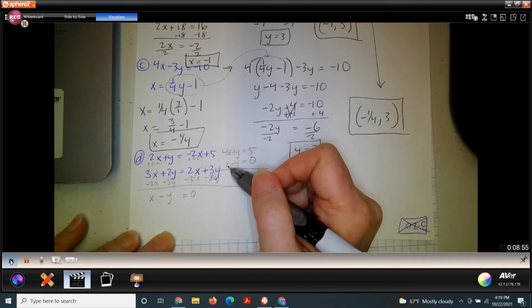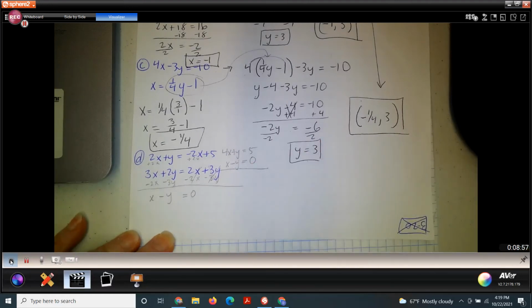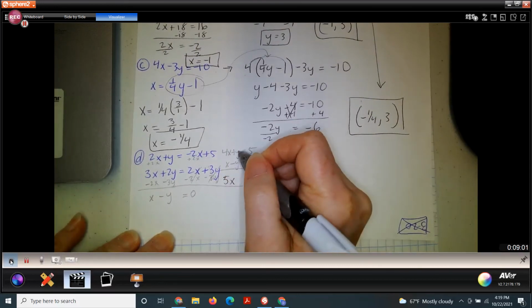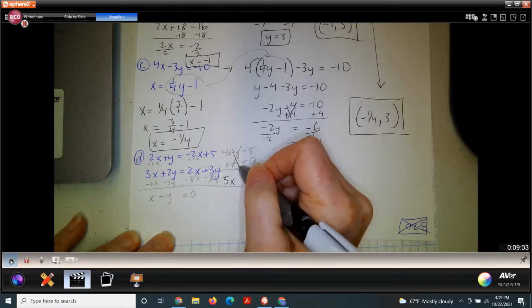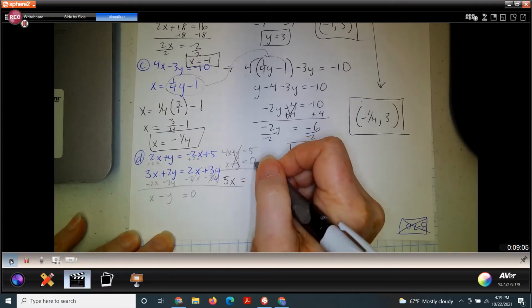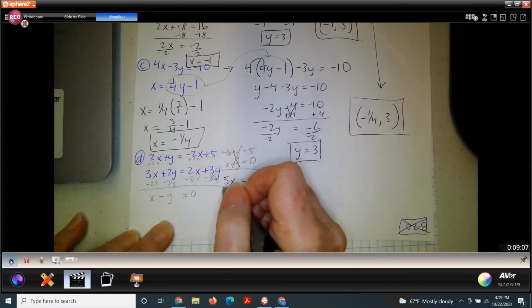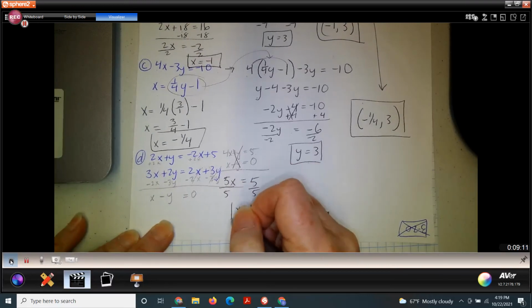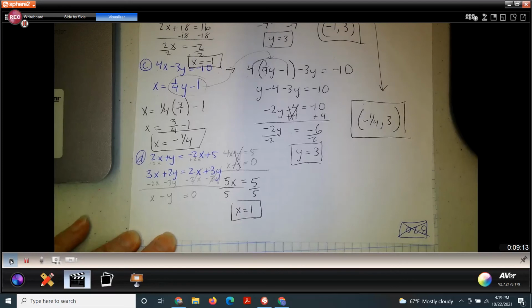So I've got 4x plus x, which is 5x. Y minus y is 0. And 5 plus 0 is 5, and divide both sides. And x equals 1.